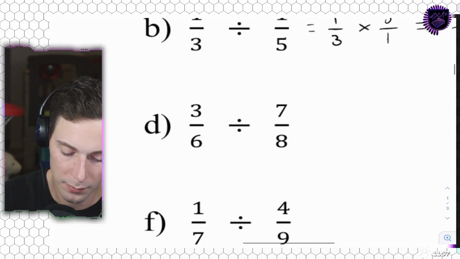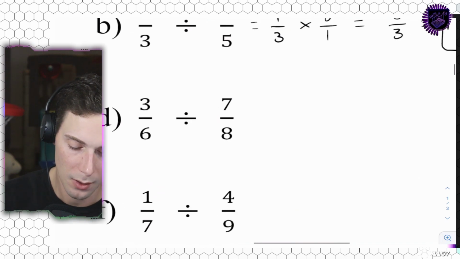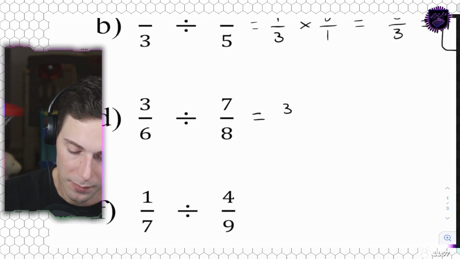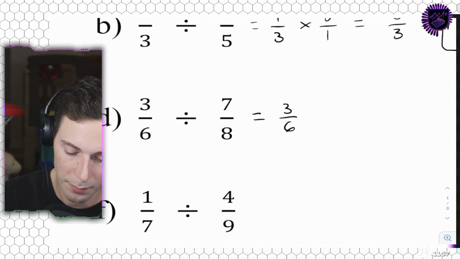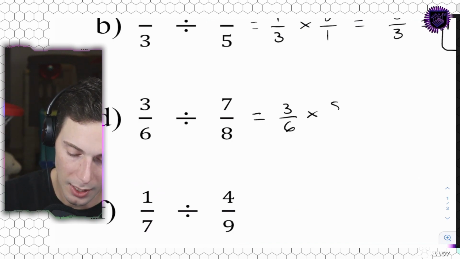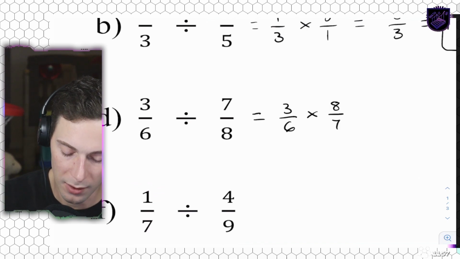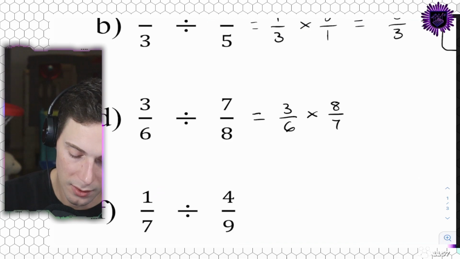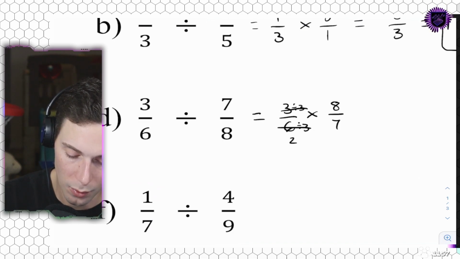3d. This will be equal to 3/6 multiplied by 8 over 7. I can simplify this by dividing by 3, which equals 2 over 1.